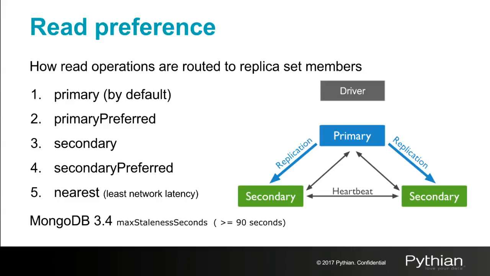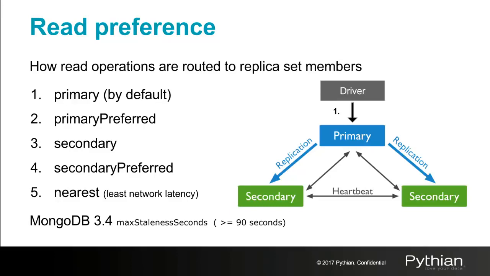Another setting for a replica set is the read preference. This shows how the read operations are routed to the replica set members. By default, the driver will send all the read operations to the primary node. But sometimes that's not what we always want.